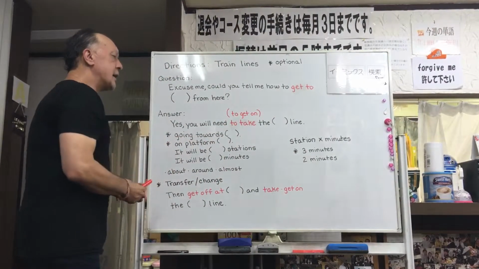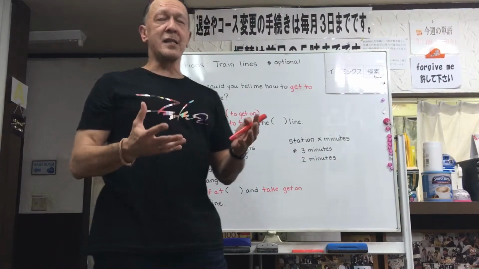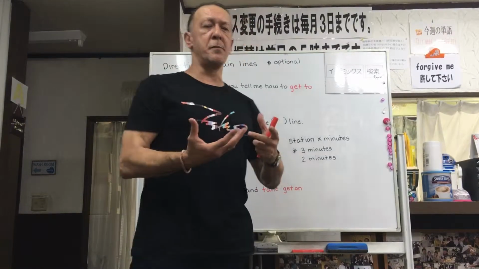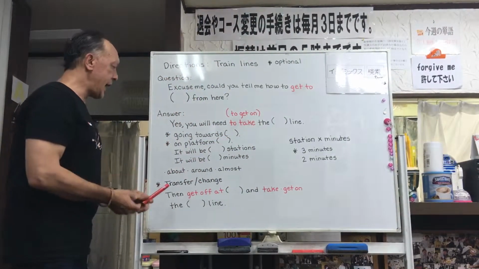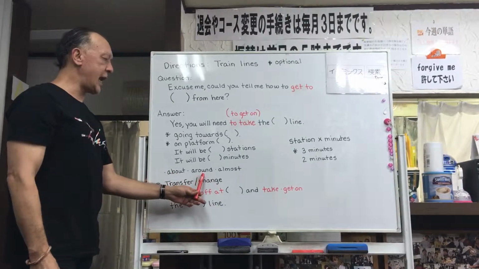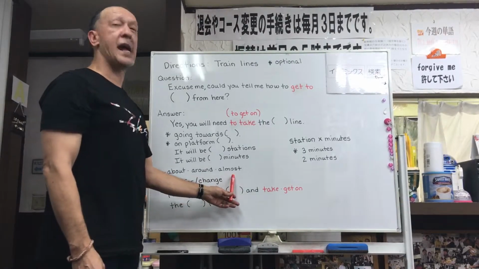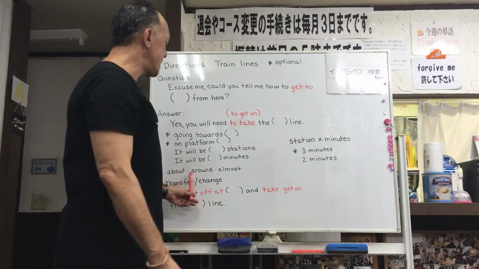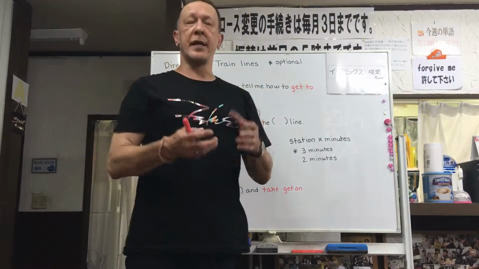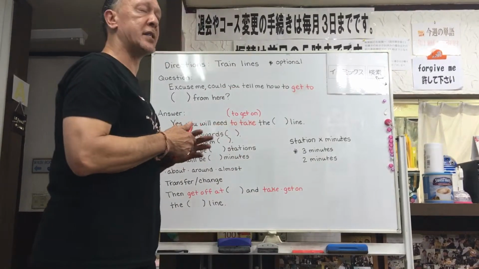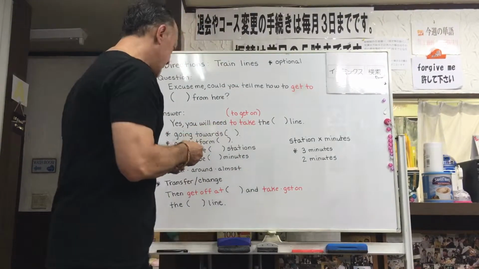Coming back here, if we don't know the precise amount of minutes or the precise number of stations, we can use the 3 A's: about, around, or almost. Added to the stations and the minutes, this will give a clear understanding of how many stations and how many minutes.